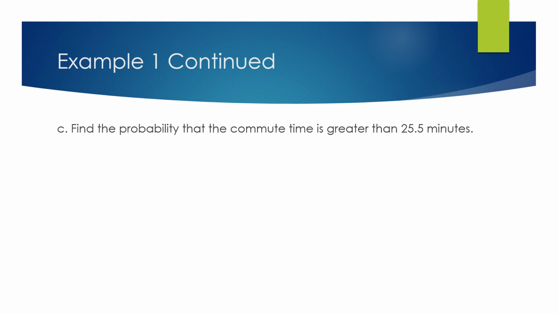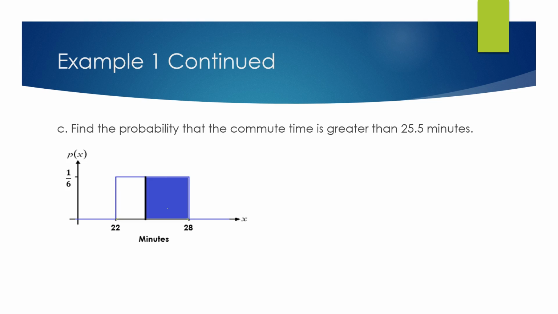C says, find the probability that the commute time is greater than 25.5 minutes. The first thing you're going to want to do here is label your picture. So 25 minutes fell right around halfway, so my mark is a little bit to the left there. But the probability that the time is greater than 25.5 minutes would be 1/6 times 2.5, because that's how long this distance would be.